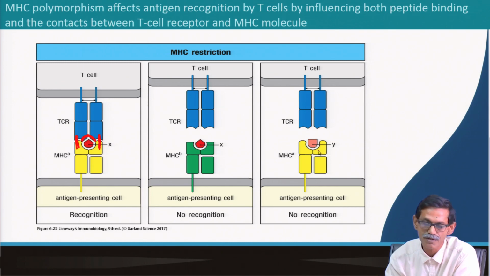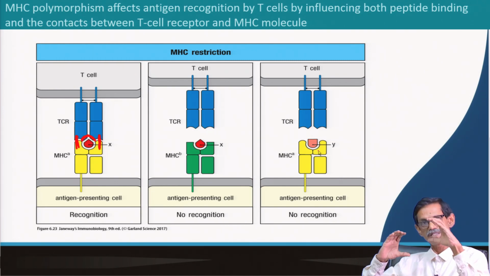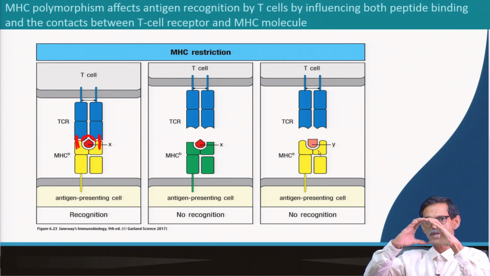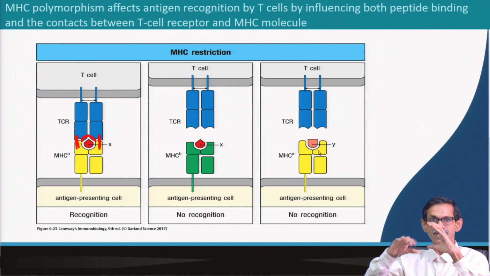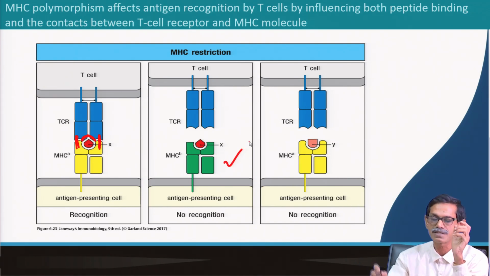So, this phenomenon is that the T cell should recognize the MHC as well as the peptide to interact. The T cell should know which MHC it is. If this is the T cell receptor and this is the MHC, it should interact with the MHC first. If it does not interact, even if the antigen specificity is there, it will not interact, which is the middle case.